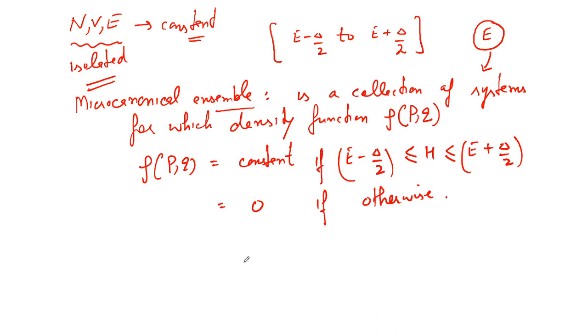So what does it mean? It means that the representative points are uniformly distributed over the relevant region of phase space having this energy range, and the expectation value of the number of representative points in a particular confined volume d omega, in this relevant hypershell of phase space, is directly proportional to delta omega, the volume of this confined space.